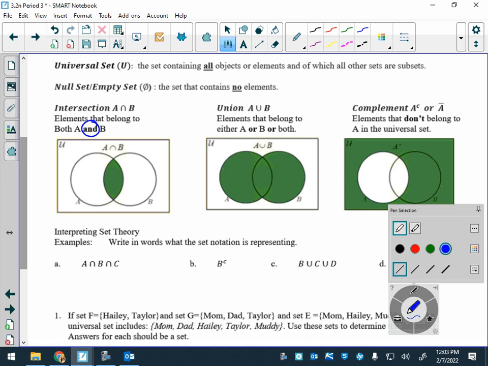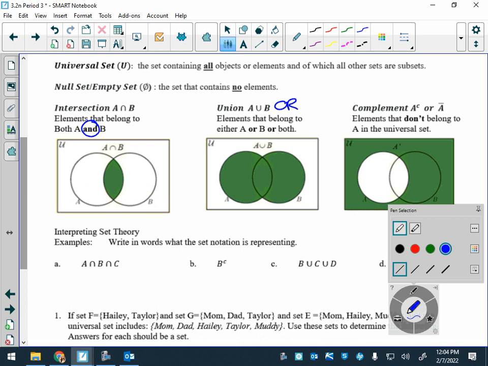Be careful with this because the key word for union is "or." However, it's either A or B or both, so it also includes that middle piece. Please remember that. Anytime you see union, the U, or it says or, it's including the intersection as well, okay?